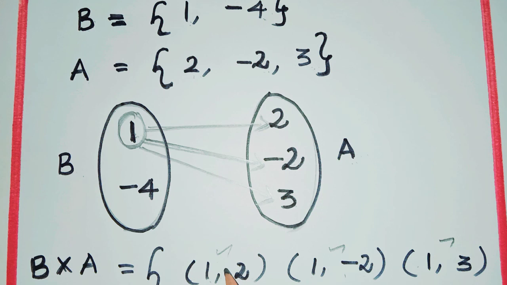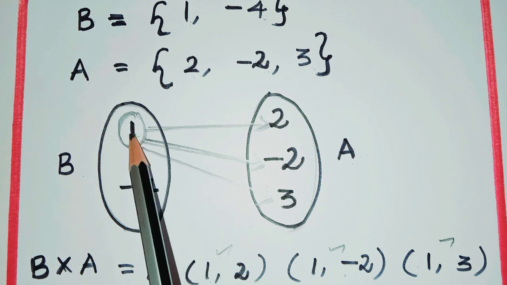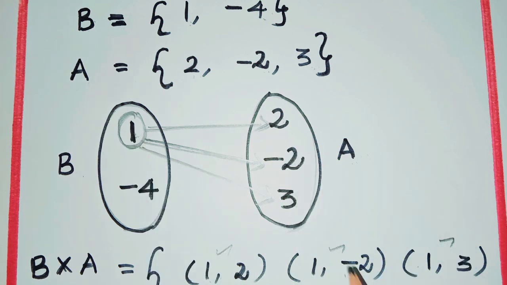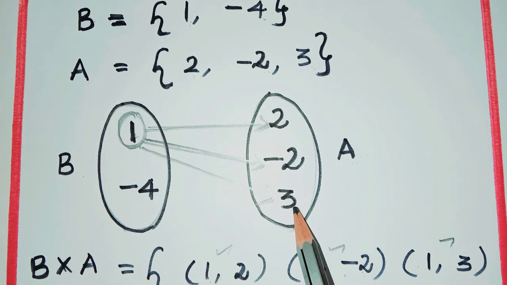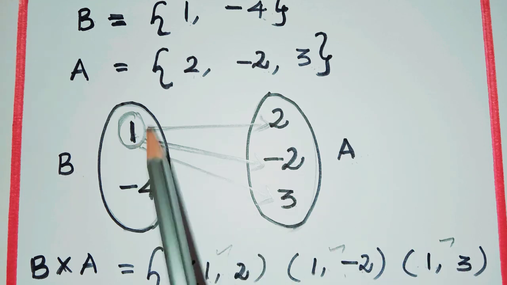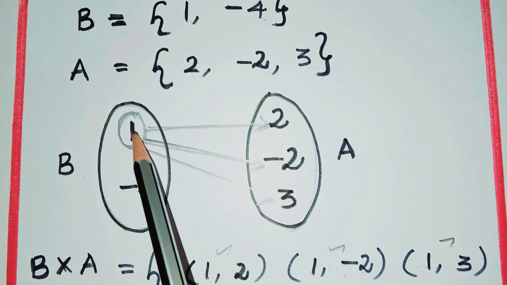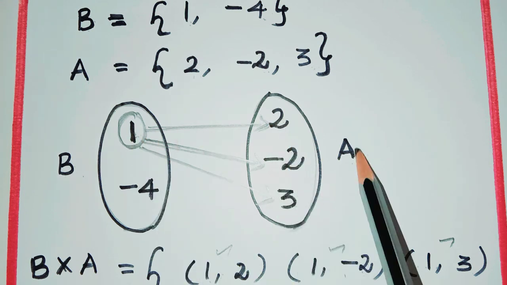This is the first ordered pair. Next, 1 paired with minus 2, that is 1 comma minus 2, the second ordered pair. Next, 1 paired with the third element of A, that is 3: 1 comma 3. This is the third ordered pair. So these are the 3 ordered pairs using the first element of B, 1, paired with 3 elements of A.